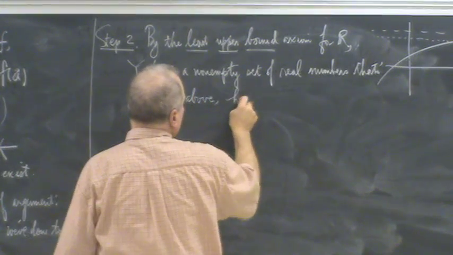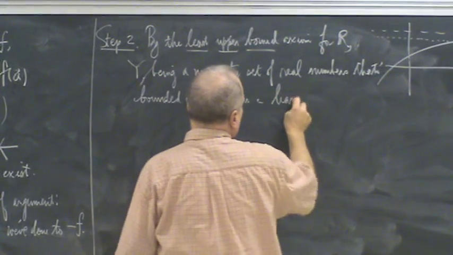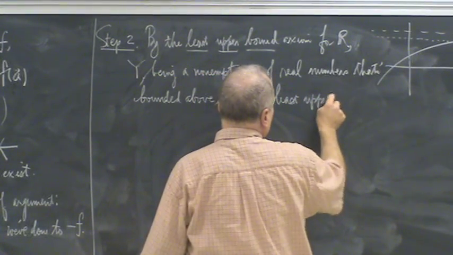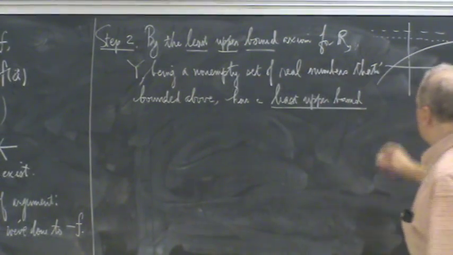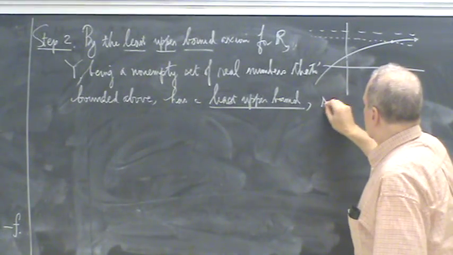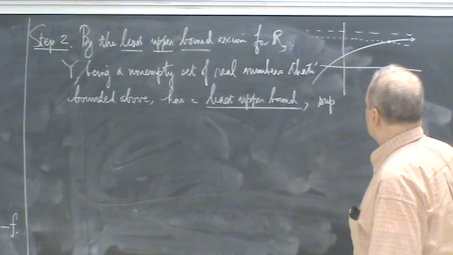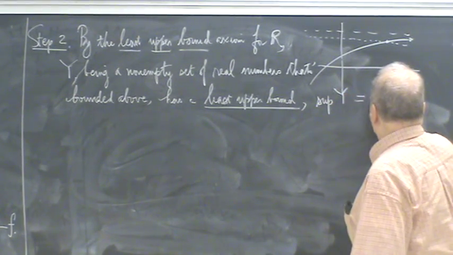Then it has a least upper bound, or lub, which we called the sup, and let's call it beta.